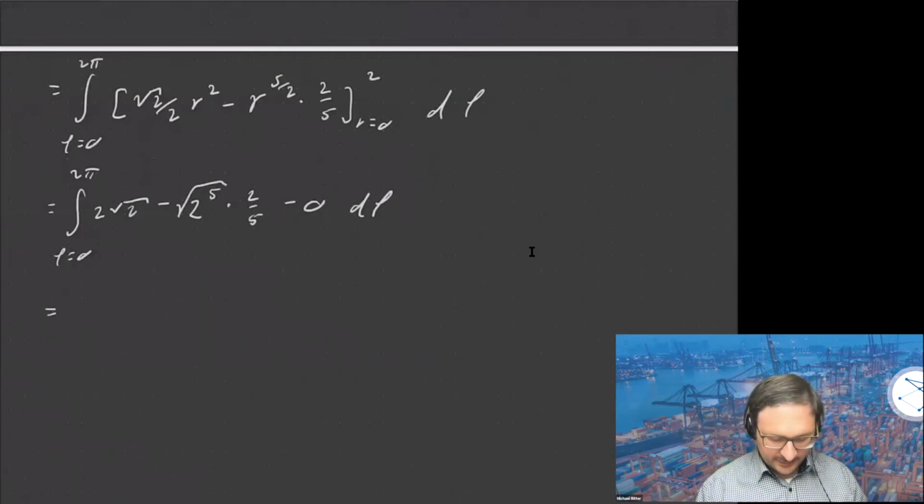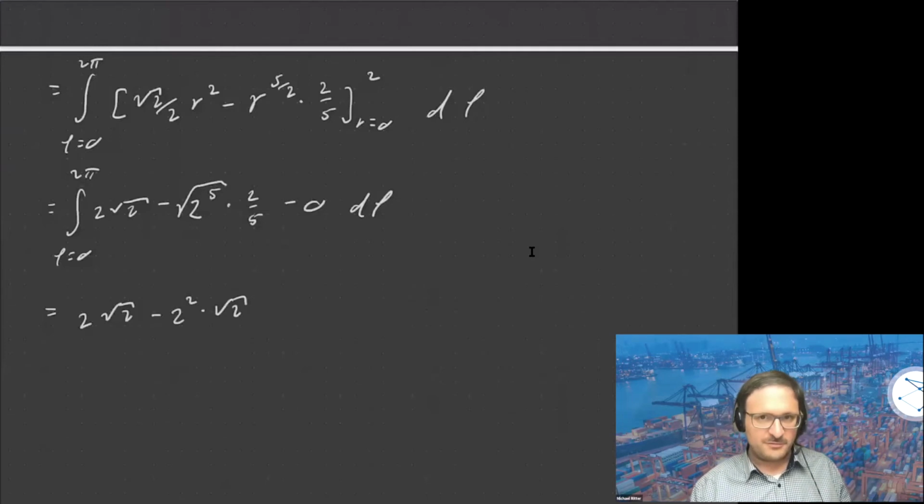Okay, so this whole thing is a constant that doesn't depend on phi in any way, so we can just take out that whole constant here. We get 2 square root of 2 minus, so the square root of 2 over 5, that is 2 to the power of 4, the square root of 2 to the power of 4 times 2. So we get 2 to the power of 2 times square root of 2 times 2 over 5.